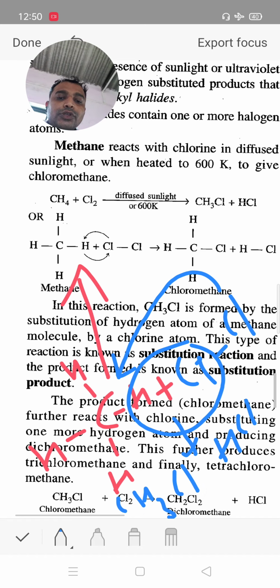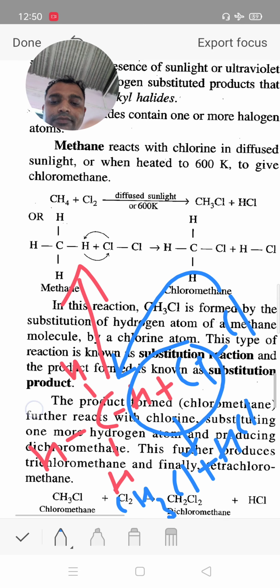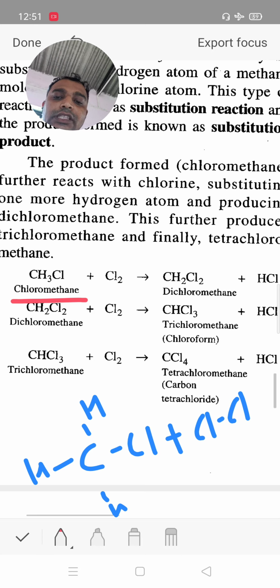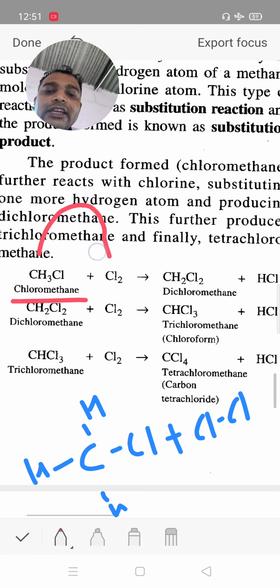This is a substitution reaction: one atom is replaced by another atom without elimination. Hydrogen is replaced by Cl, with HCl as a byproduct, and methyl chloride is formed as the product. Similarly, methyl chloride, IUPAC name chloromethane, again reacts with Cl2.